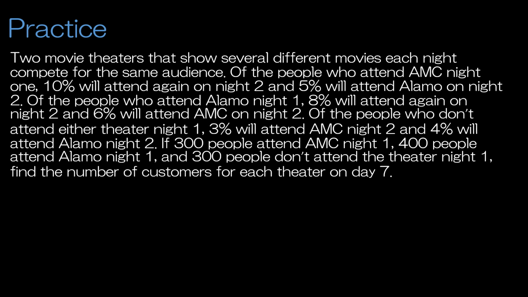Of the people who attend Alamo night 1, 8% will attend again, and 6% will attend AMC, so that's only 14%. So again, you have to be doing that math yourself.